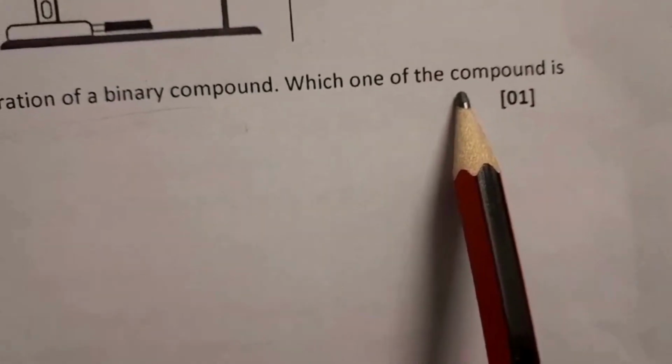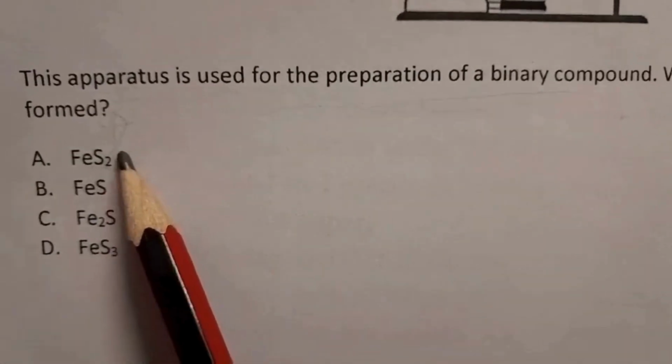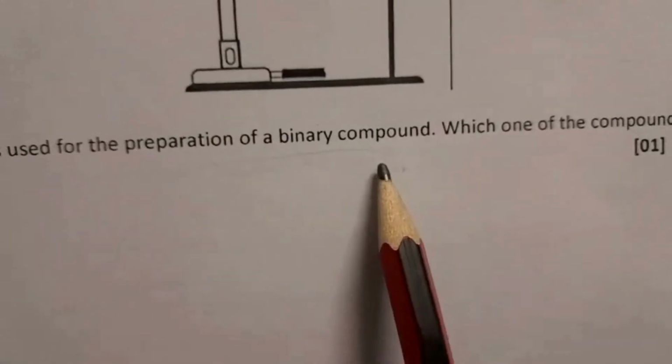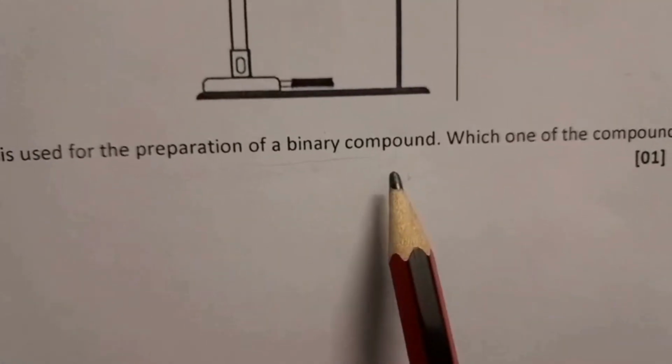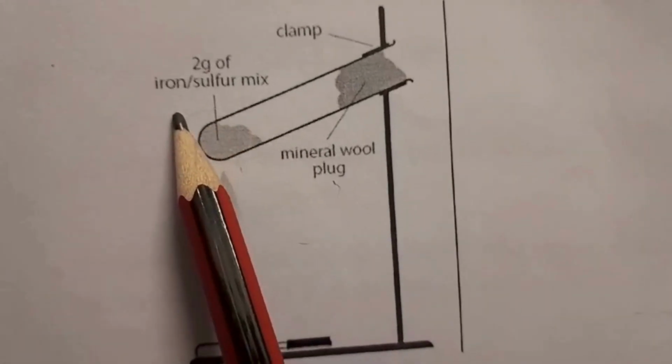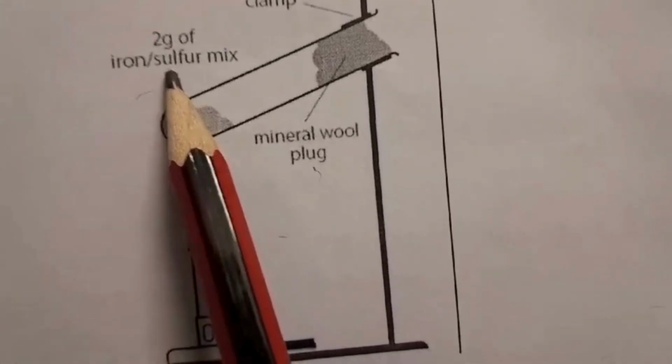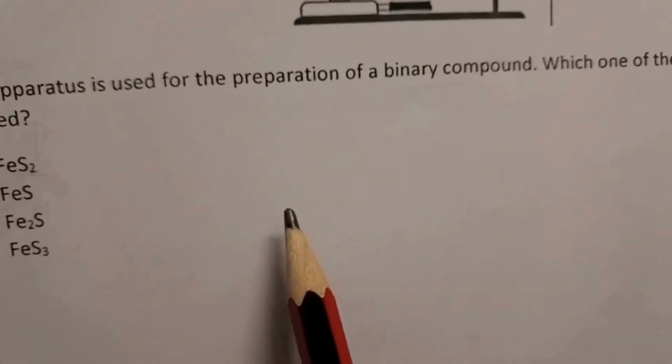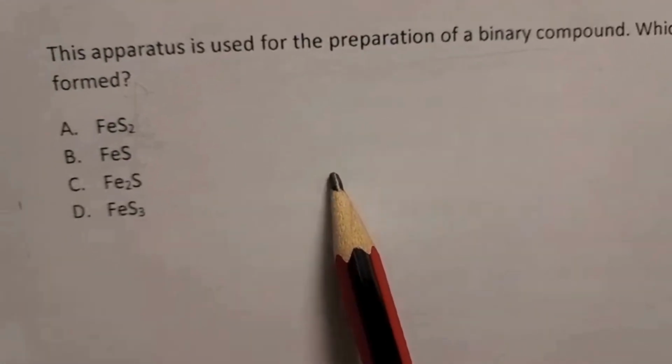Which one of the compounds is formed? Binary compound is the compound that is made up of 2 elements. So we have 2 elements over here, the sulfur and iron. So sulfur and iron mix and they form the iron sulfide.